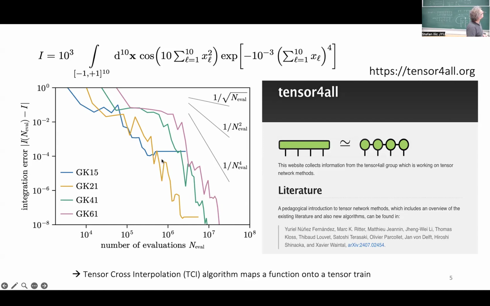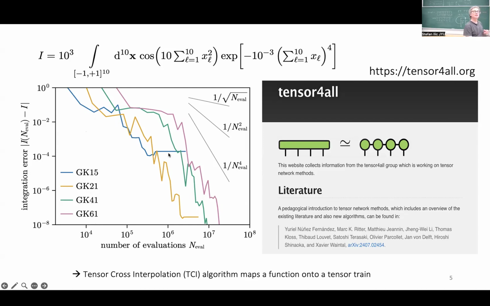Here we are not using quantics, it's using regular quadrature. GK15 means Gauss-Kronrod 15. So it's a regular Gaussian quadrature with 15 points per dimension. That's a total of 15 points to the power 10. Here, 61 points to the power 10. Age of the universe, etc. You see that, for instance, the blue one here is saturated at 10 to the minus 4.